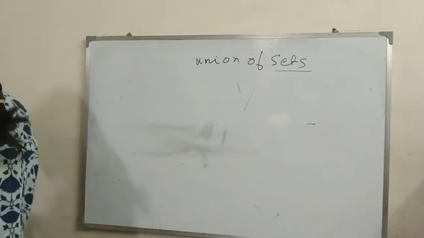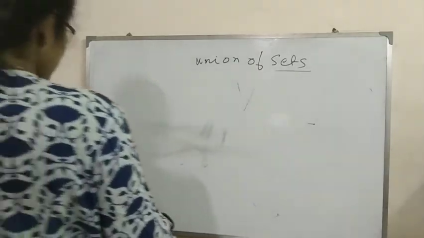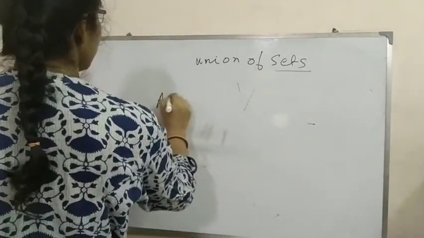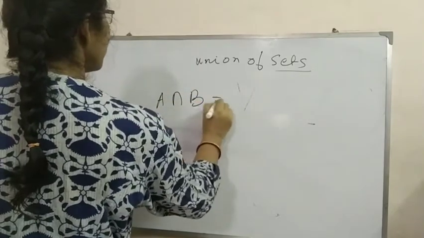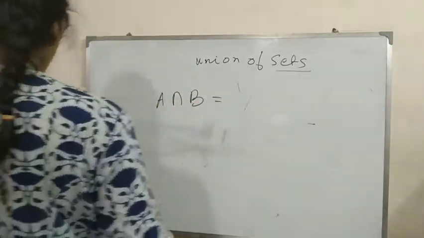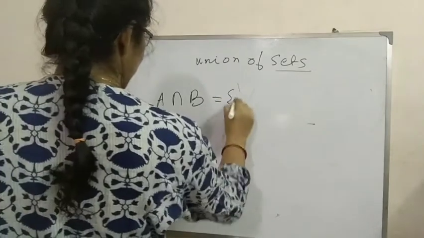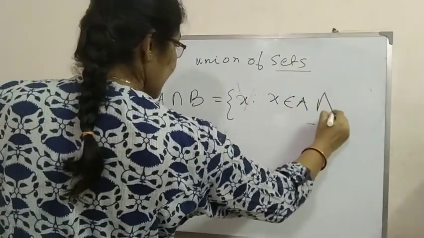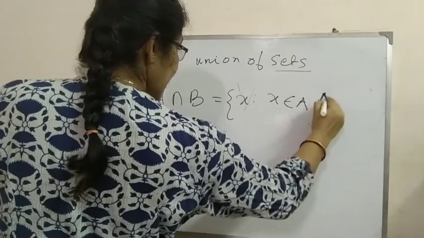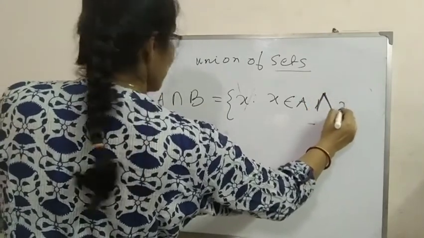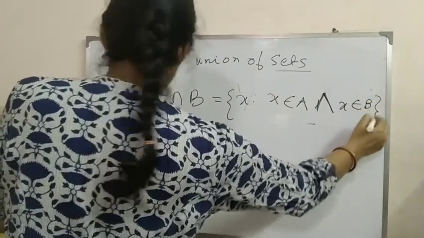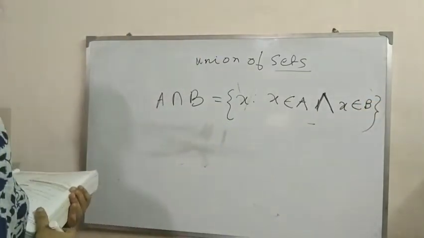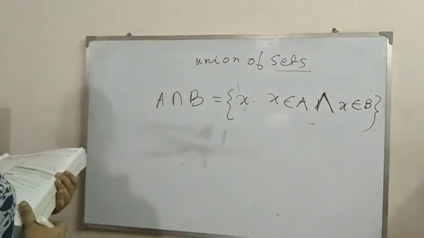And the second thing is intersection of two sets, that is A intersection B. It is symbolically used in this way. X belongs to A, reverse V, X belongs to B. Okay.